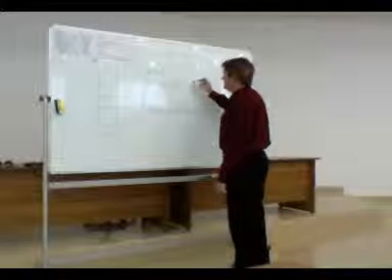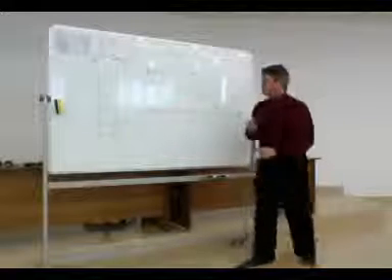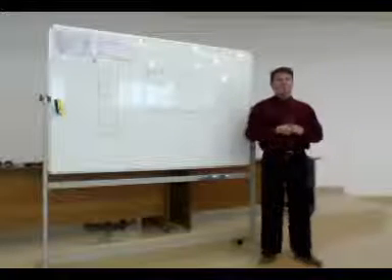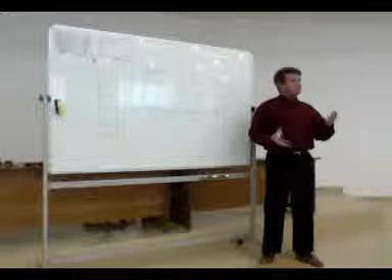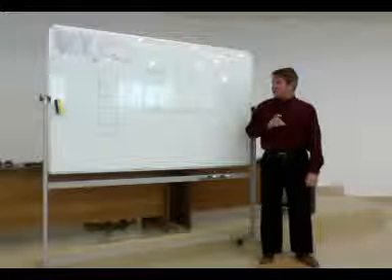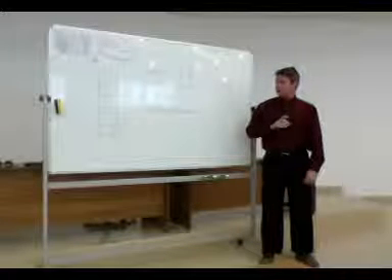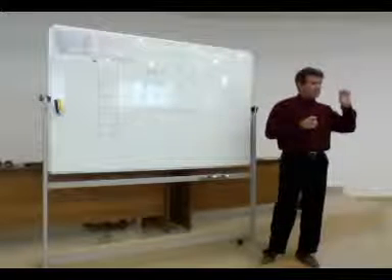You can have GC and TA. We'll understand later how this code works. But for right now, this is what DNA looks like when you make it really big. It's very, very, very small.